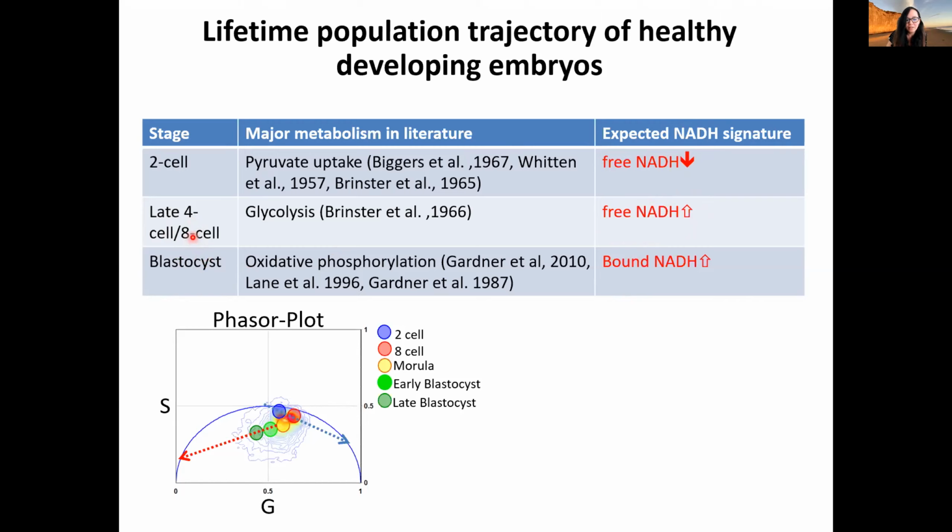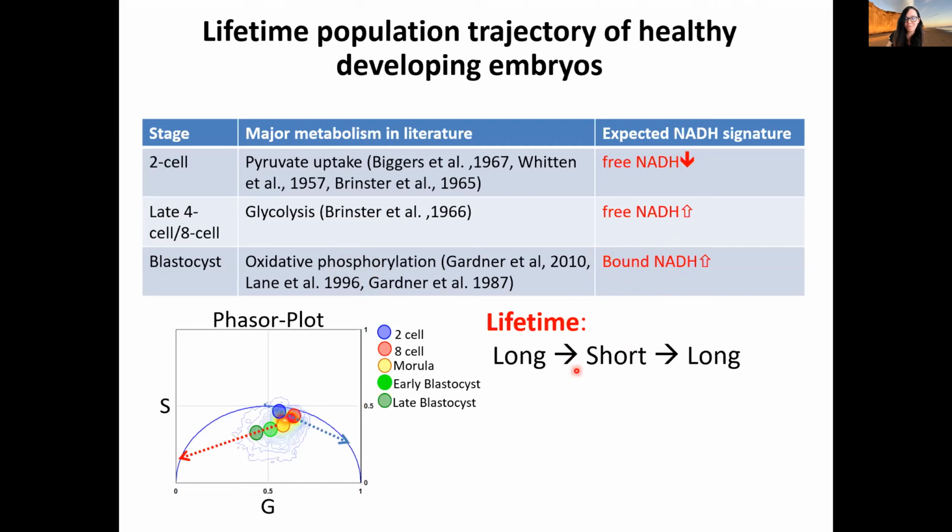Now from 8-cell stage all the way up to blastocyst stage, oxidative phosphorylation dominates, and bound NADH levels should go up. In fact, the fluorescence lifetime of the NADH signal actually gets much longer, which would make sense in oxidative phosphorylation, where there is an increase of bound NADH in the embryo.